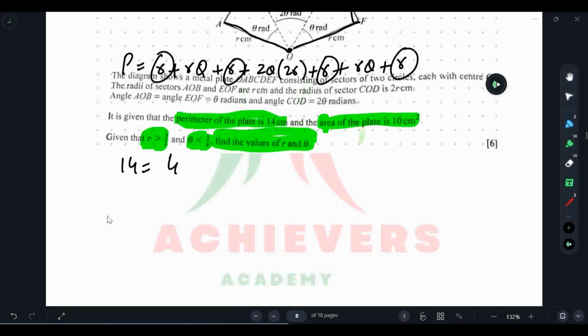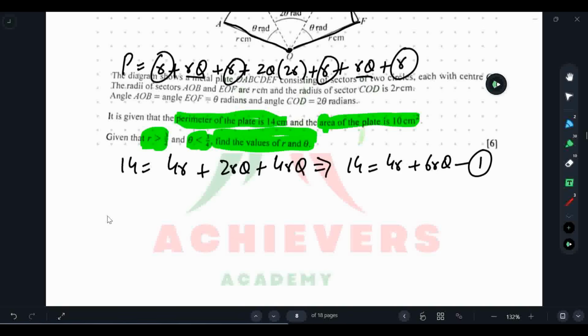So this will be 4r plus, now we have 2r theta, so plus 2r theta. We have considered these two, and the last one should be 4r theta. Now if we simplify it, this will be 14 is equal to 4r plus 6r theta. This will be equation 1. Now this says that the area of the plate is 10.